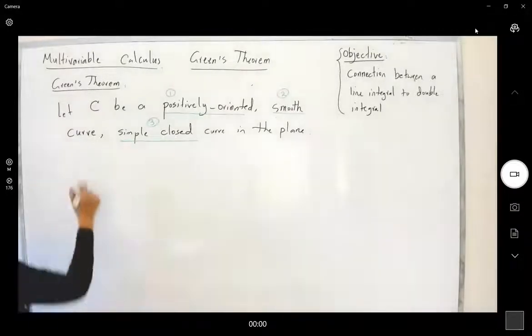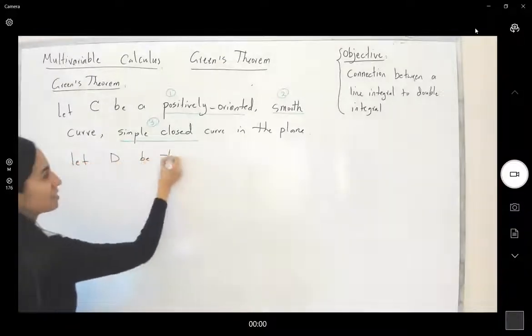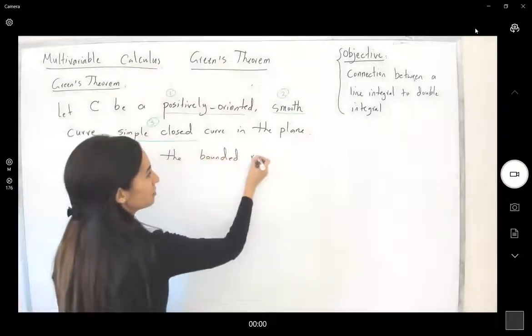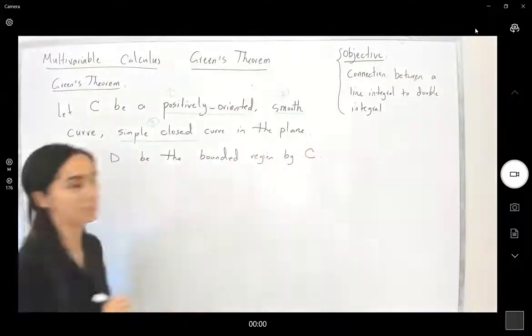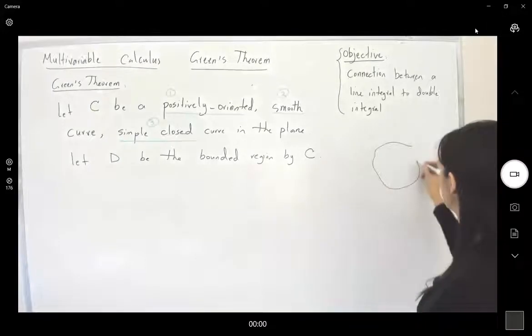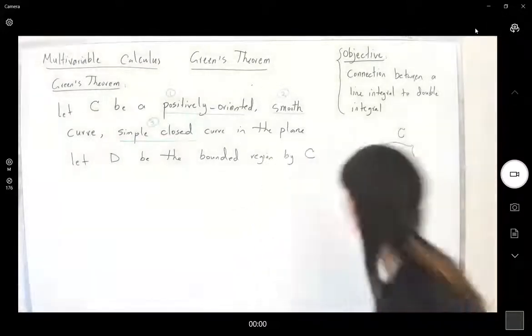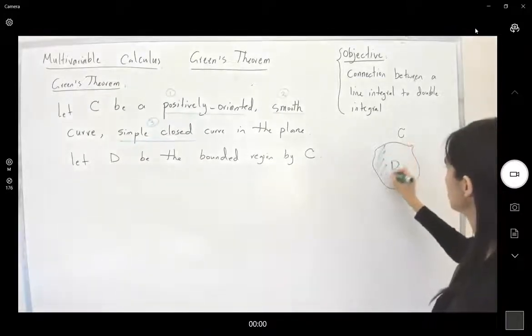Let D be the bounded region by curve C. So suppose you have curve C, this is your curve C, and this is the bounded region by curve C, which we call D. This is your bounded region.